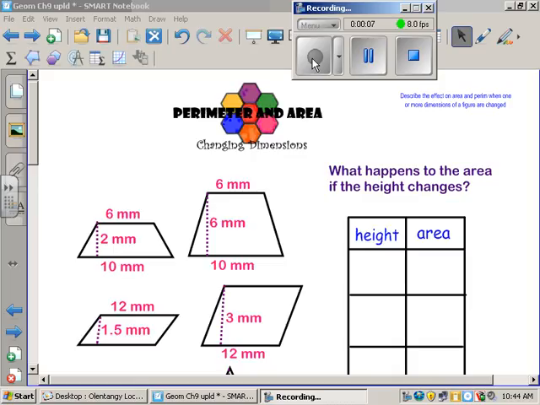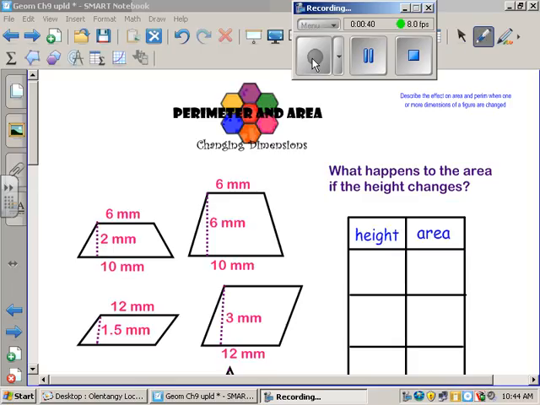All right, what we're going to do today is talk about sort of the same thing we talked about when we were working with ratios, in that we know that if two shapes are similar, their perimeter has the same ratio as their similarity ratio. Their area has the same ratio as the square of their similarity ratio, and their volume has the same ratio as the cube of their similarity ratio.